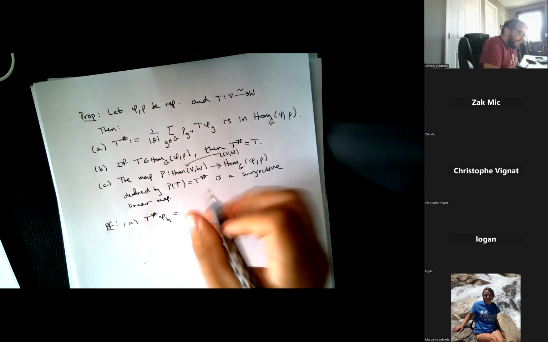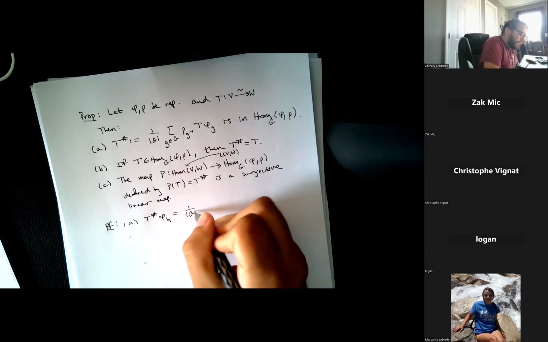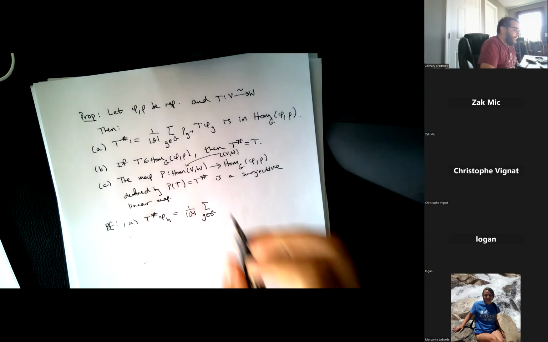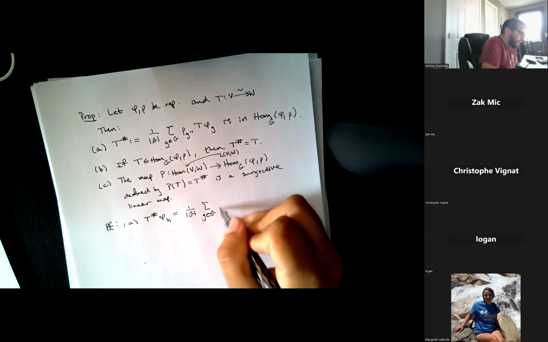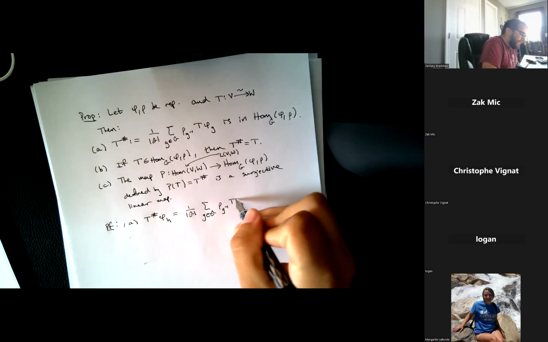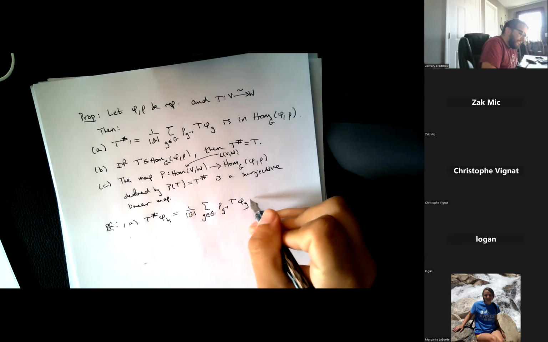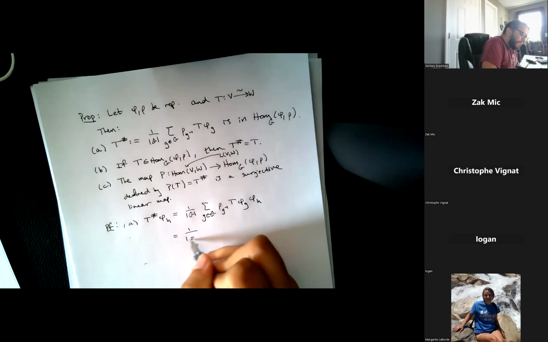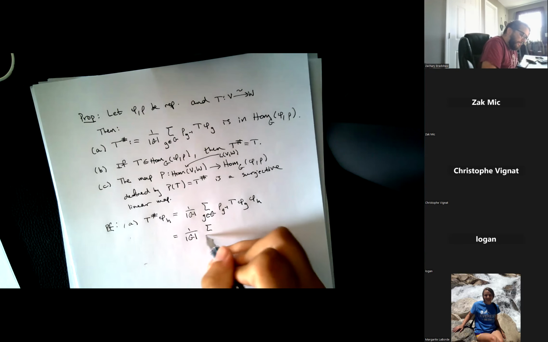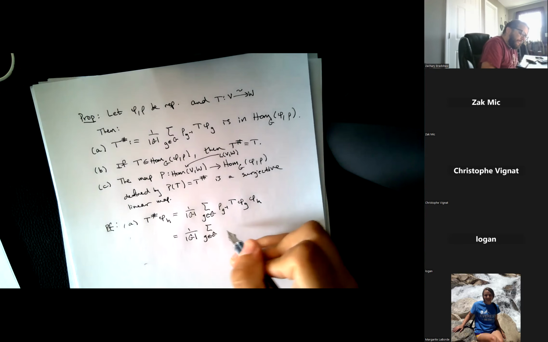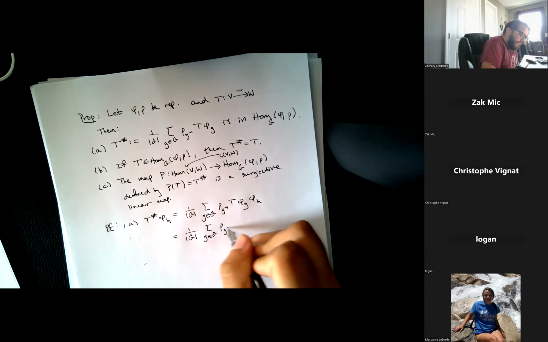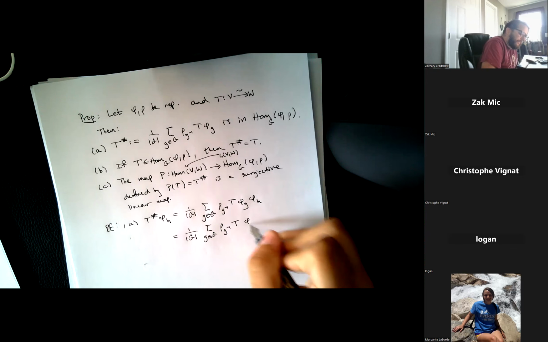So this thing is equal to 1 over order of G, sum over g in G of rho g inverse T phi g phi H, which is 1 over the order of G, sum over g in G. And we're just going to use this homomorphism property here that all representations satisfy by definition.